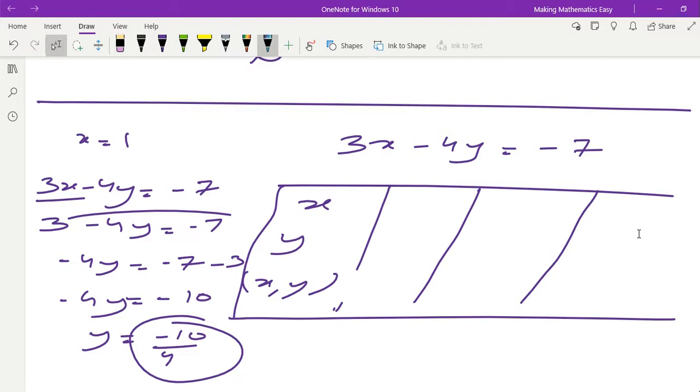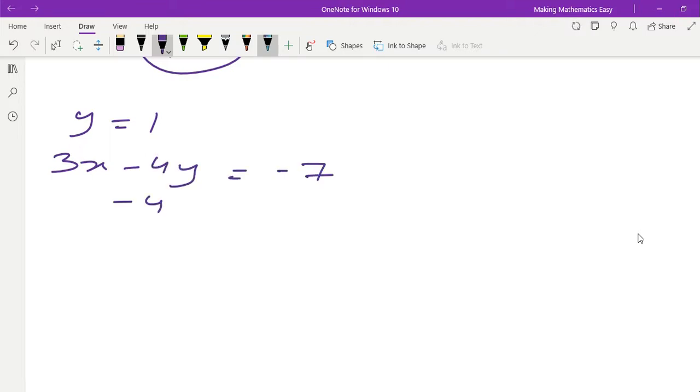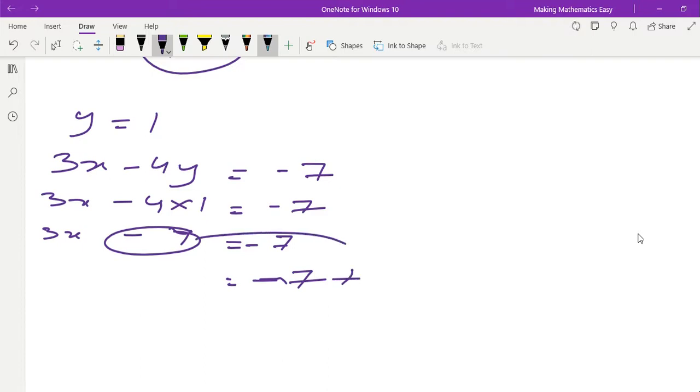Okay, so let's try it out that way. 3x minus 4y is minus 7. 4 ones are 4. This minus 4 I am sending over here, so this will become plus 4.